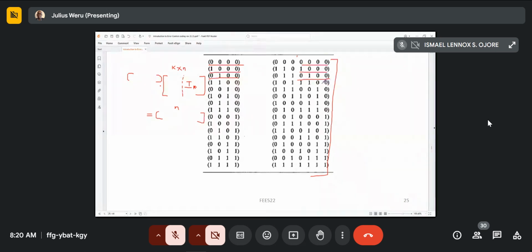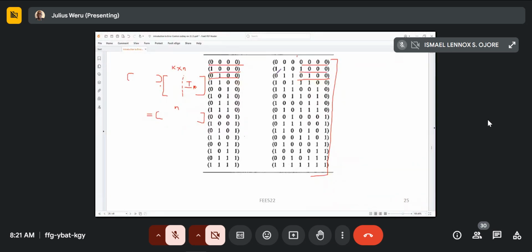If you add any two code words, you produce a code word. So if you add this and this, of course, that's the trivial case, we are going to get this. If you add this and this modulo 2, you're going to get another code word. In fact, what are you going to get?